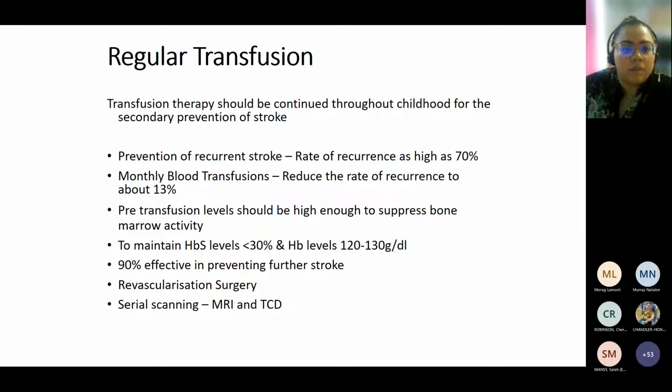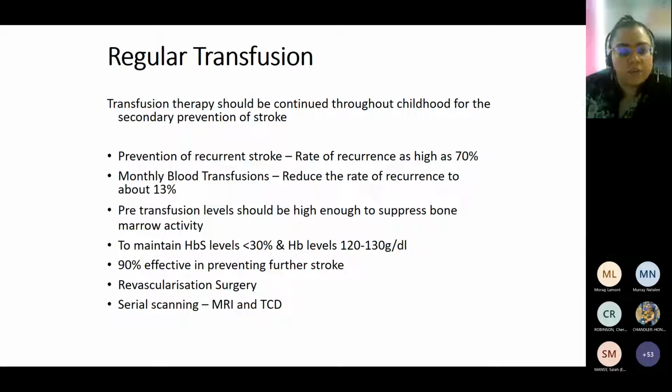So we're preventing recurrent stroke. The recurrence rate is as high as 70%, as John described from the STOP study previously. Monthly blood transfusions will reduce this rate of recurrence to about 13%.